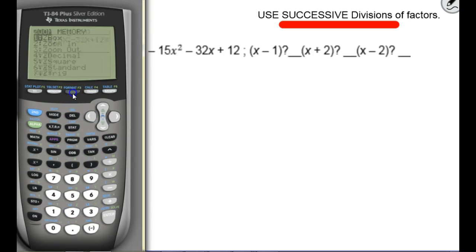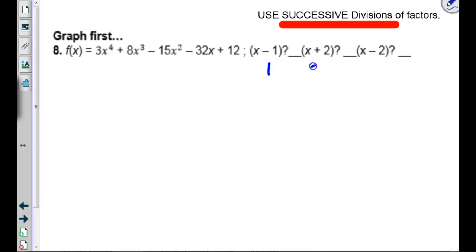All right, I'm going to start with a standard window. Well, that's interesting. Are my axes turned off? All right, so it suggests I should try what here? A 0 at 1, -2, or +2?